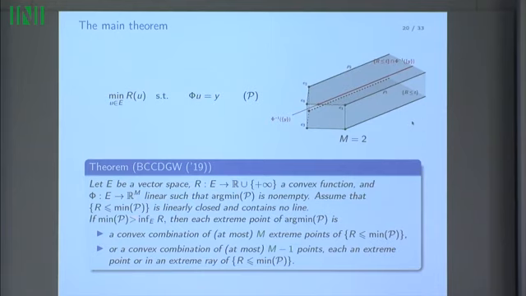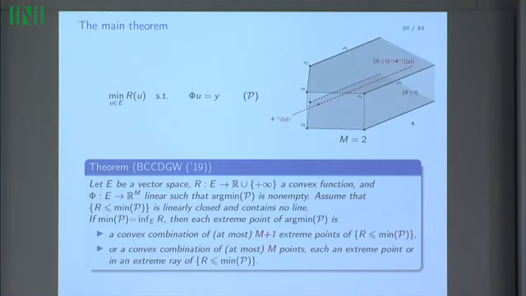Then each extreme point of the solution set is a convex combination of at most m extreme points of the sublevel set, or a convex combination of at most m-1 points, each on an extreme ray of the sublevel set. And what happens if you have equality between the minimal value of P and the minimal value of the regularizer on your space? Then you have to pay an extra point here. These are tiny details.